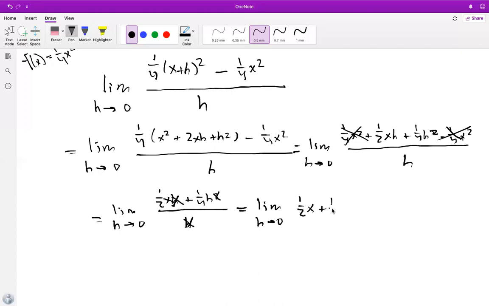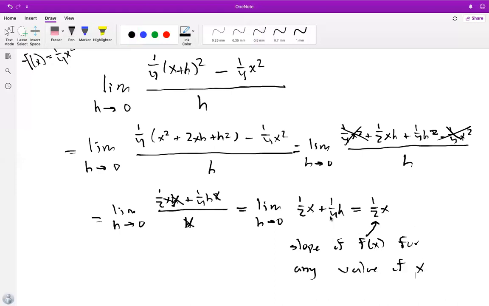And the bottom is a 1, or like it's not there. h divided by h is 1. And now I can just plug in h equals 0. So what I'm left with is the slope of f of x for any value of x in the domain of f.